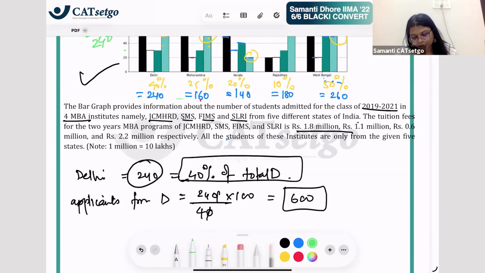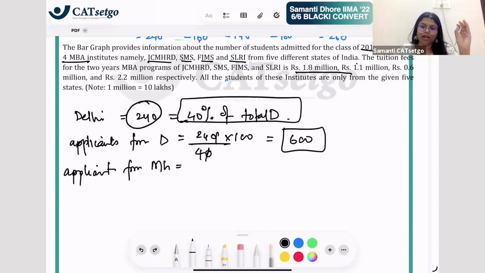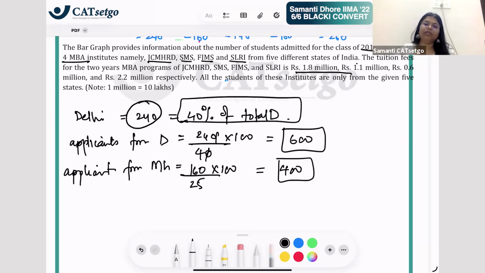Similarly, we have to find the total for Maharashtra. What are the number of applicants from Maharashtra? So out of total, 25% getting selected is 160. So 160 is 25%. So total applicants were how many? 400. Out of 400, 25%, that is 160, got selected. Similarly, applicant pool from Kerala is how much?